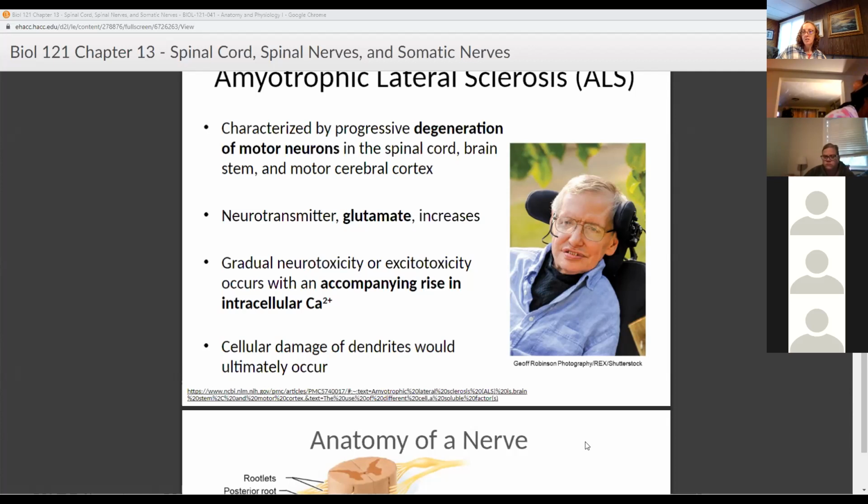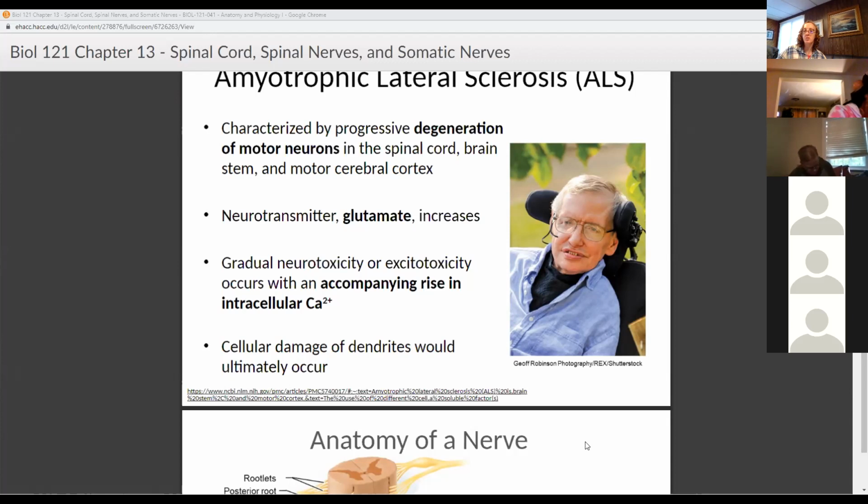ALS is characterized by the progressive degeneration of motor neurons in the spinal cord, brainstem, and motor cerebral cortex. What they know so far is that the neurotransmitter glutamate increases to toxic levels, and it's an excitatory response.